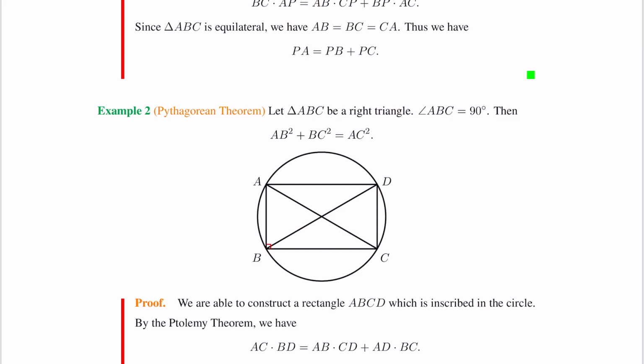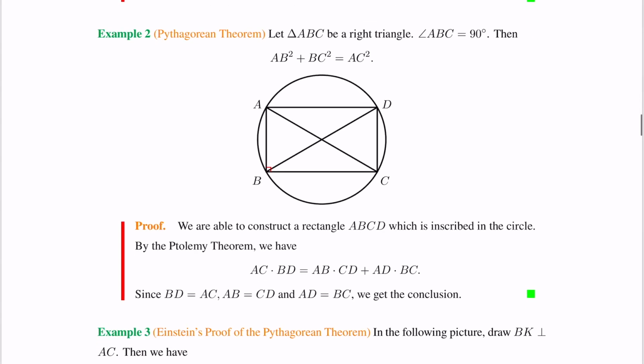But we're working on a rectangle, so AB is equal to CD, so AB times CD is AB squared. BC is equal to DA, so BC times DA is BC squared again, and AC is equal to BD. The two diagonals are the same, so that gives us AC squared. So that gives the Pythagorean theorem. So Ptolemy's theorem implies the Pythagorean theorem. Okay, so this is the second example I would like to mention.